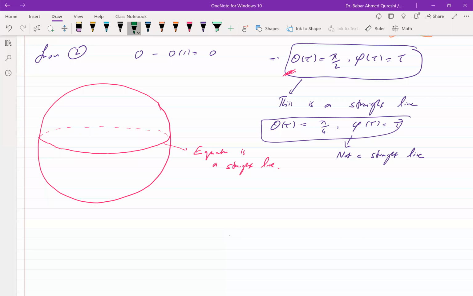But if I consider some circle over here, fix the theta and go around phi, this is not a straight line. Similarly, anything over here is not a straight line.